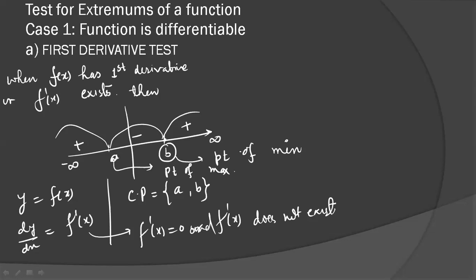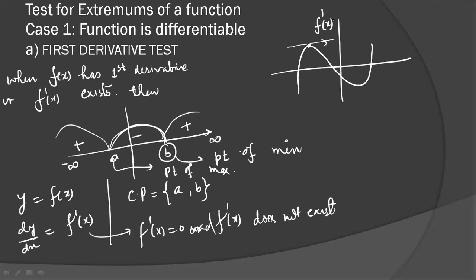See, if you see a simple graph, like this is your position. At the critical point, when we equate the derivative to 0, it means the tangent is parallel to the x-axis.